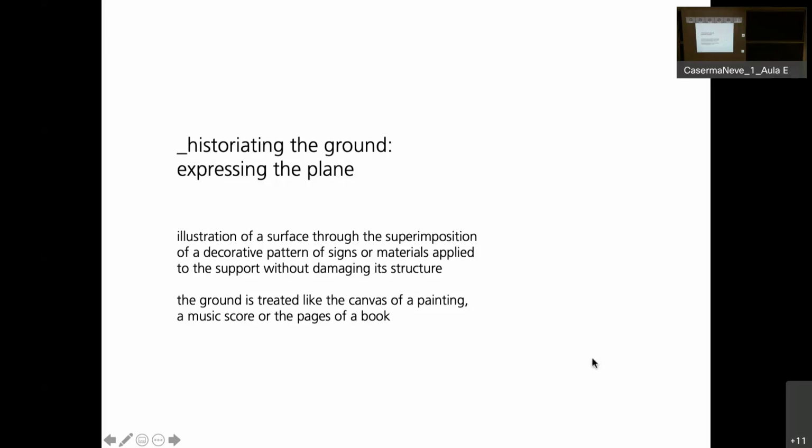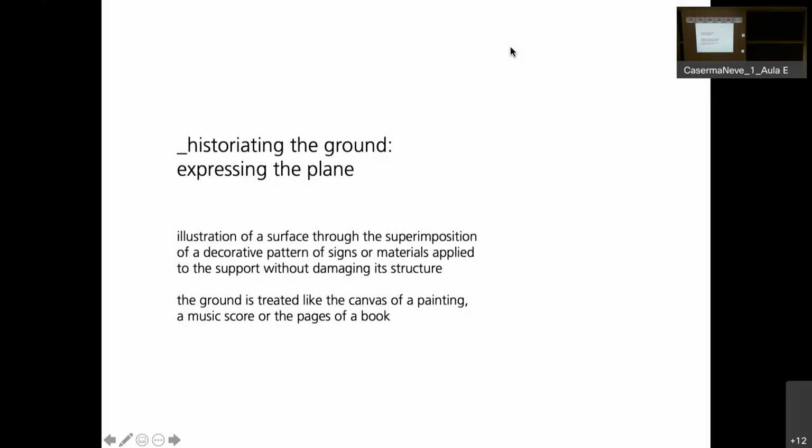So, in a very few words, the way I synthesized this approach is this: the illustration of a surface through the superimposition of a decorative pattern of signs or materials applied to the support without damaging its structure. So, all these operations that act on the ground without modifying structurally its essence.